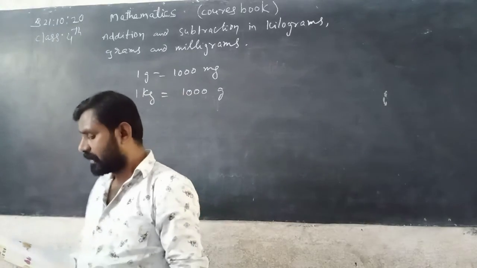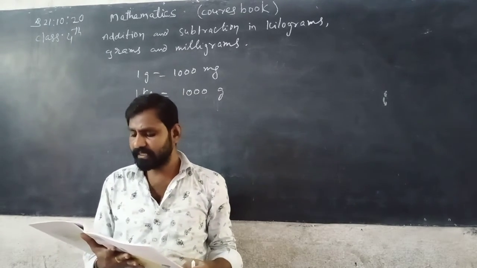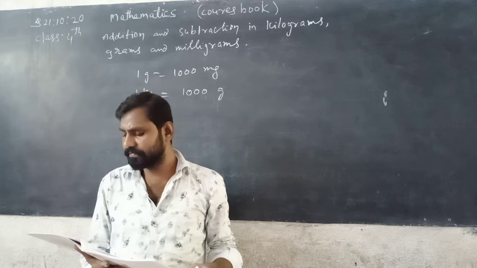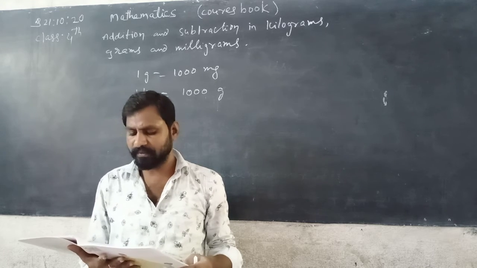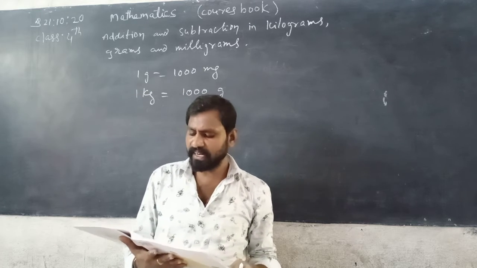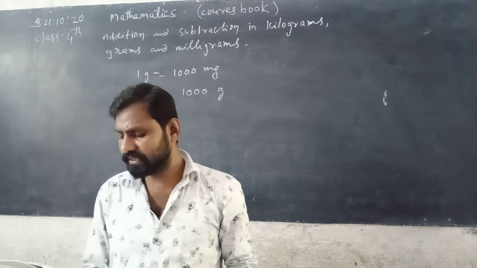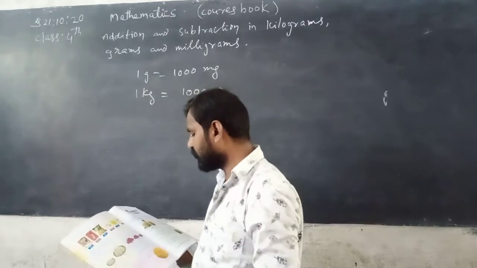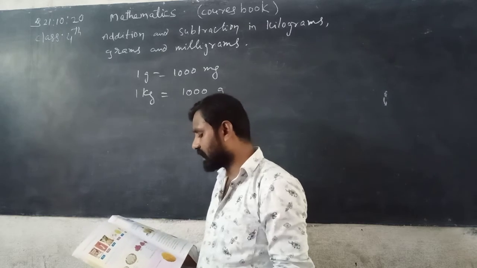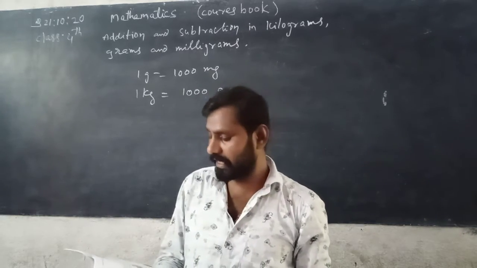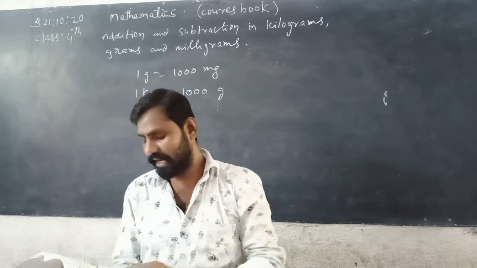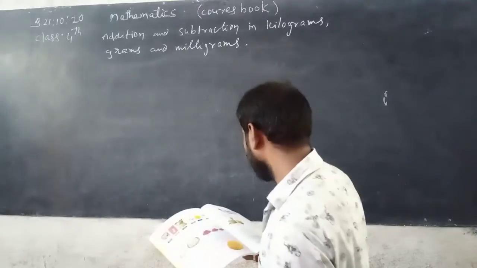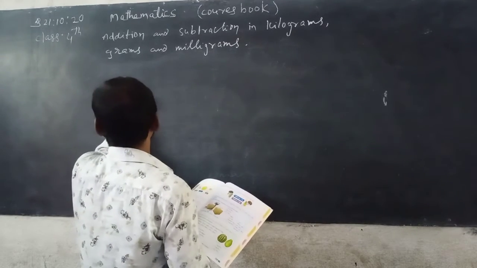See here, page number 53. A problem: the following ready-made garments were delivered at a textile shop. Calculate the weight of both cottons. To find the total weight of the cottons, we have to add the weights. First cotton is 25 kg 750 grams. Next one is 30 kg 350 grams.